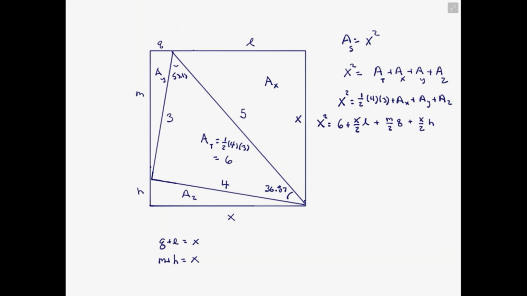So I have x squared equals 6 plus x, and L is x minus q, so I have x minus q on 2, and that is plus mq, so m is x minus h, and q is x minus L on 2, plus x on 2 times h.